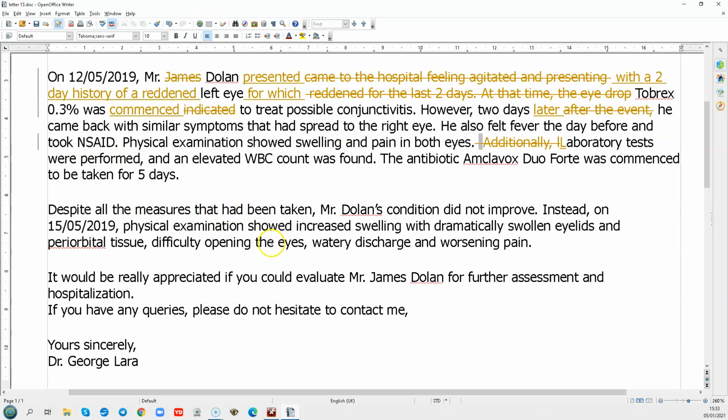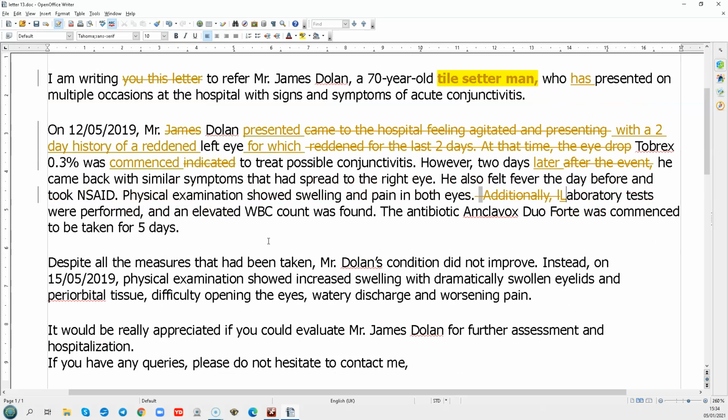Despite all the measures that had been taken, Mr. Dolan's condition did not improve. So when did it not improve? So he presented presumably on the 15th, yeah? So I would put the date first.